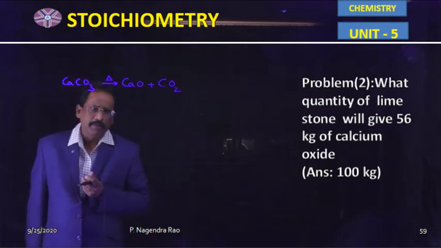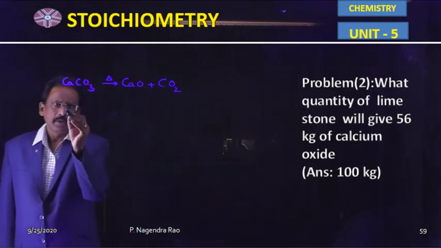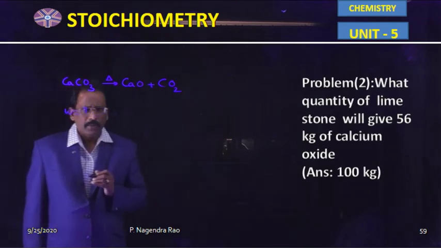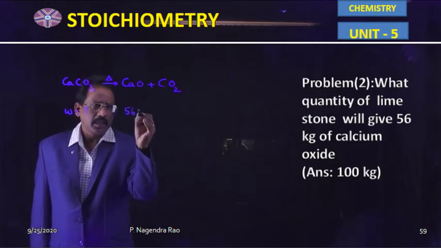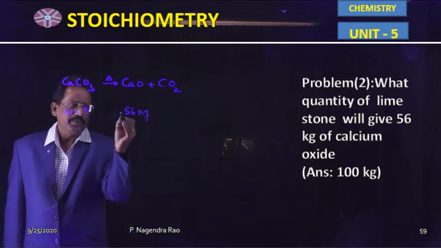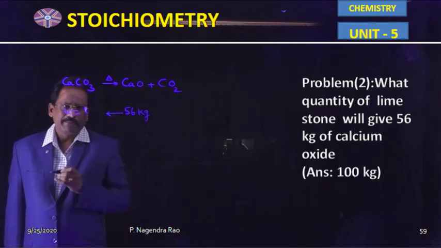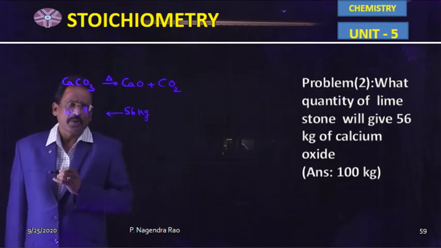Now in this problem, what quantity of limestone will give 56 kilograms of quicklime? So you have to calculate the weight of limestone. 56 kilograms of quicklime will be formed from how much weight of limestone?